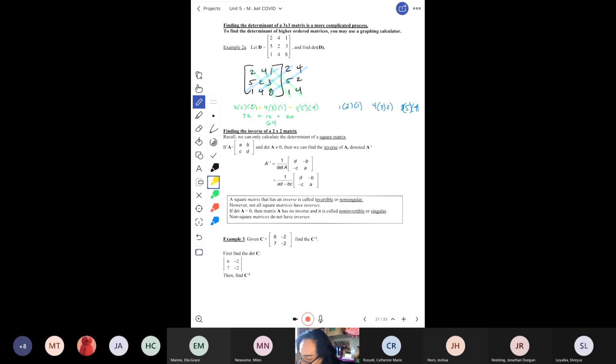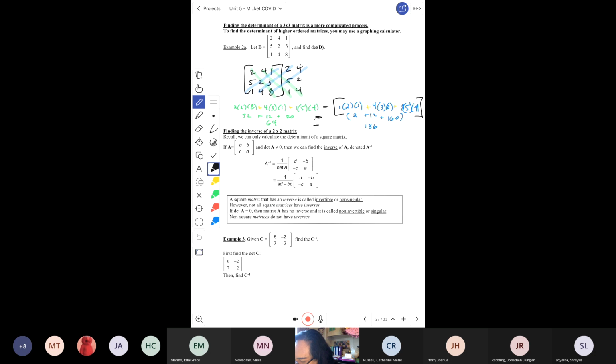I'm going to add those, and I'm going to get a sum, but then I'm going to subtract that sum. So let's keep going. I'm going to have 2 plus 12 plus 160. That's going to give me 186, but I am subtracting that value.